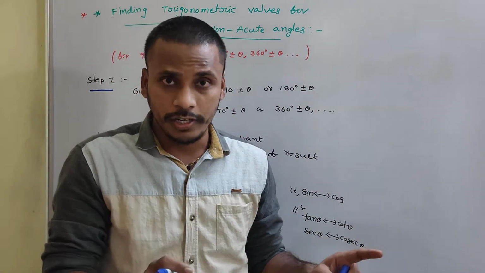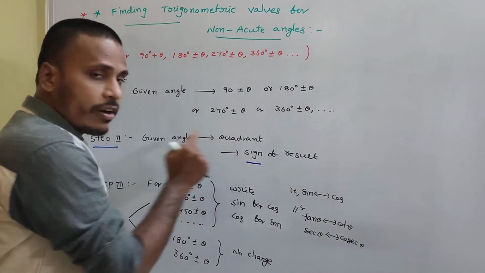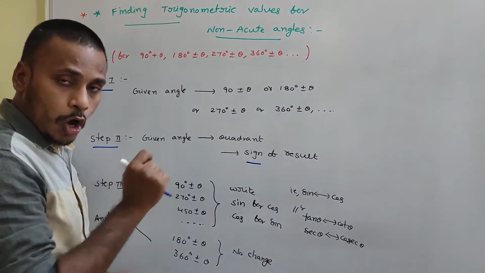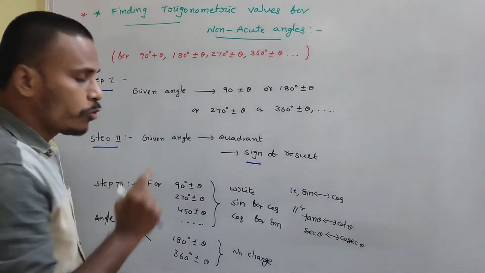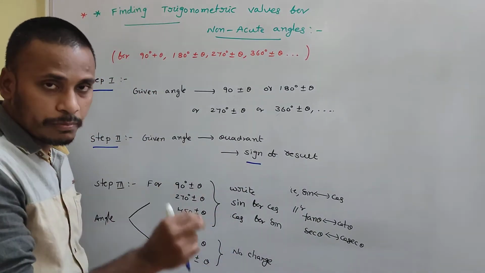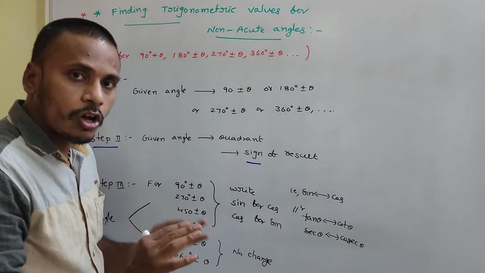I think you all know it. So with that knowledge you identify the quadrant where the given angle belongs, and from there decide the sign of the result. This is step 2. All these three steps are very simple. I will explain 2-3 problems now. It clarifies all your doubts.